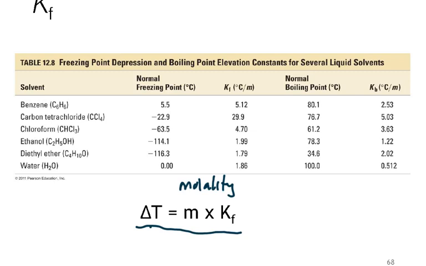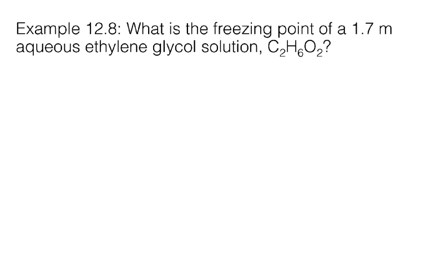And the one for boiling point, again, the change in boiling point is going to be the molality of the solution times the boiling point elevation constant. Table 12.8 in your textbook has constants for some common liquid solvents. And again, it's a delta T. So to figure out the new freezing point or new boiling point, you have to shift your temperature by that much. So let's work through a problem.